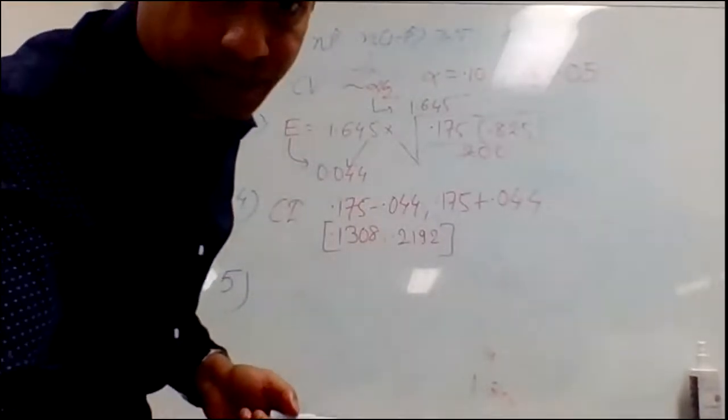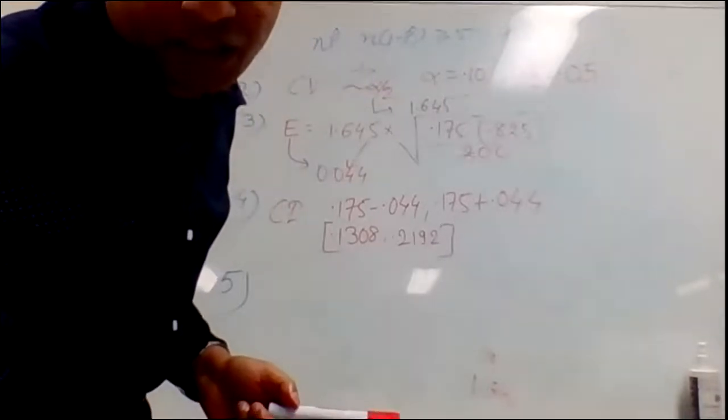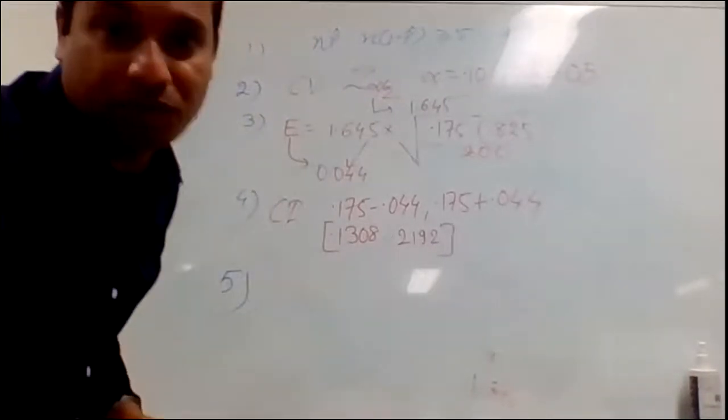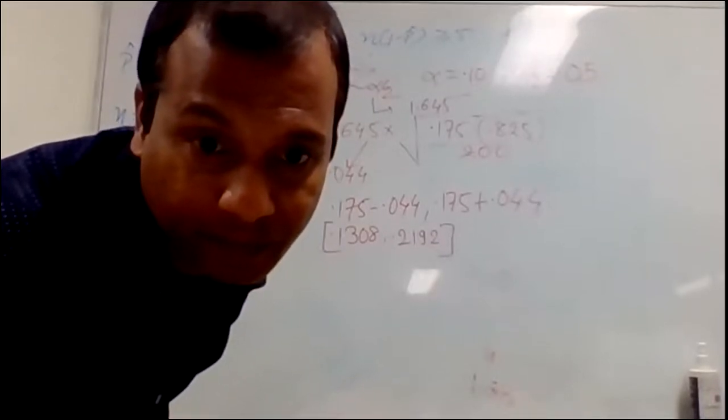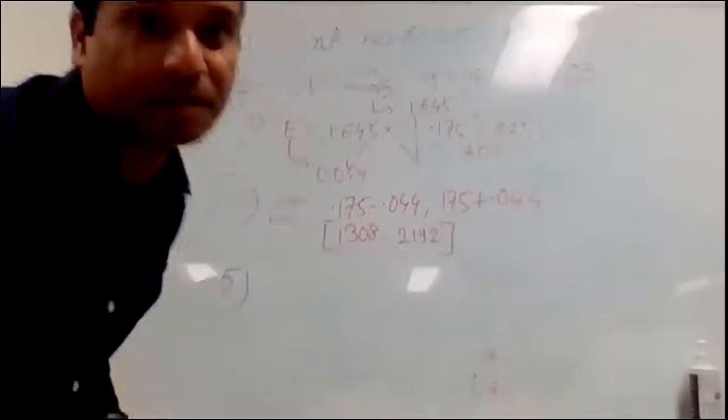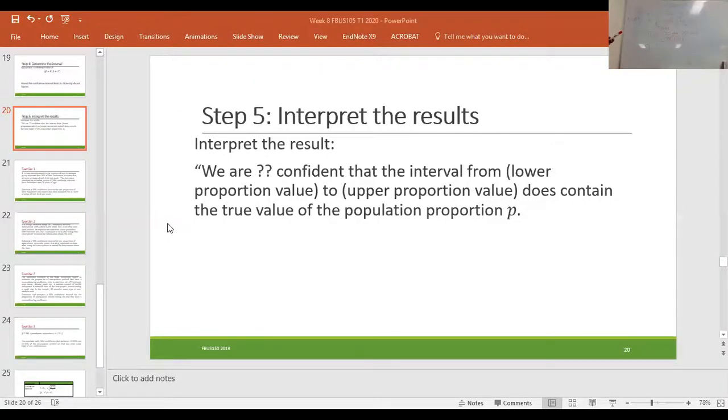And now stage 5, the interpretation of the answer. So again, let me go through this slide. Step 5, interpretation of the result. You need to be careful about what is given in the answer.